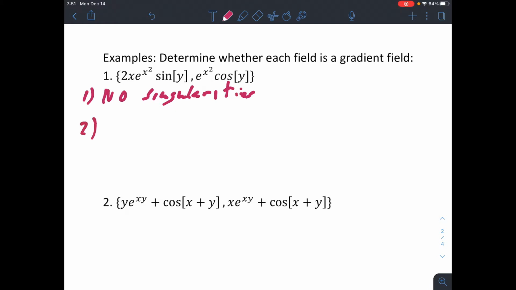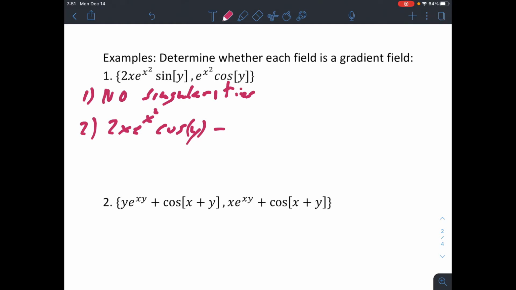Okay, then the second part of this is you're going to take the derivative of M with respect to y and the derivative of N with respect to x and subtract them and see what we get. So the derivative of M with respect to y, that means the whole first part there is just a constant, and you're taking the derivative of sine, minus the derivative of N with respect to x.